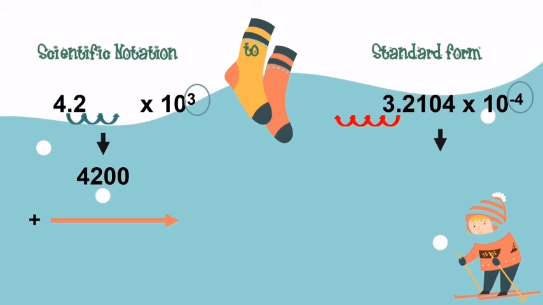And you fill these empty places with zeros. So it will look like this. So this will be the standard form of your scientific notation. And as you've observed, if your exponent is negative, the direction of your decimal point when you move it is to the left.